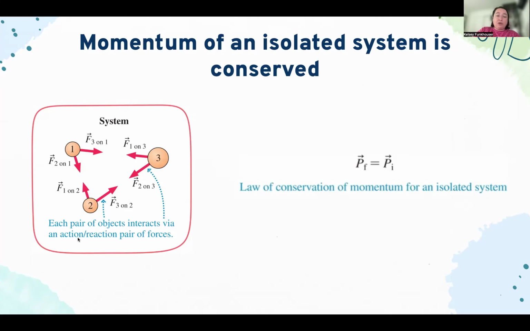When there isn't external work done, which is external forces, just like in this example, then the energy of the system is conserved. So here, if there are no external forces, then the momentum, the total momentum of the system is conserved. And on Tuesday, we will use this idea to solve the more complicated collision.